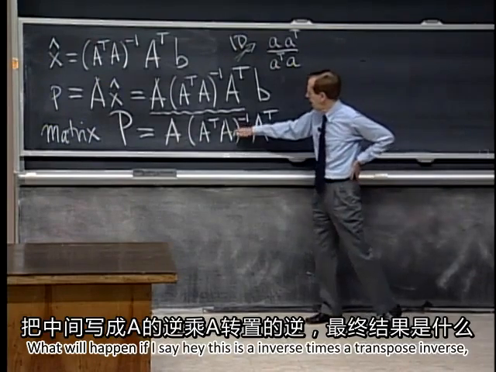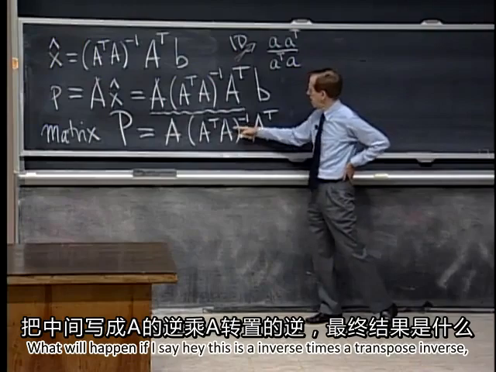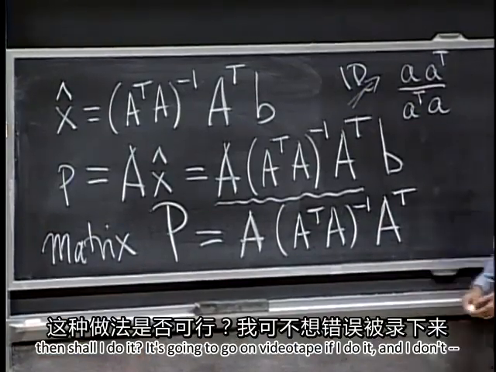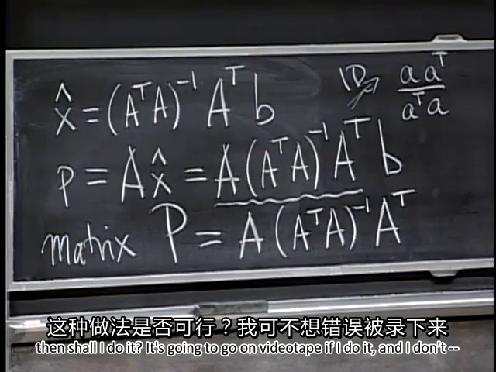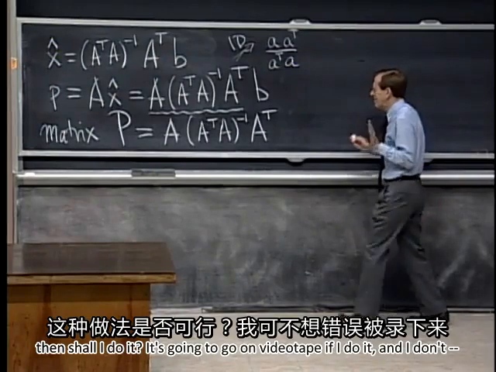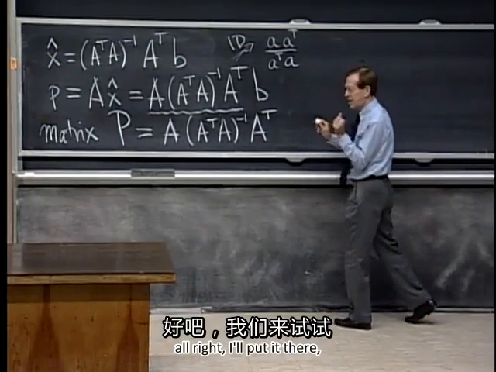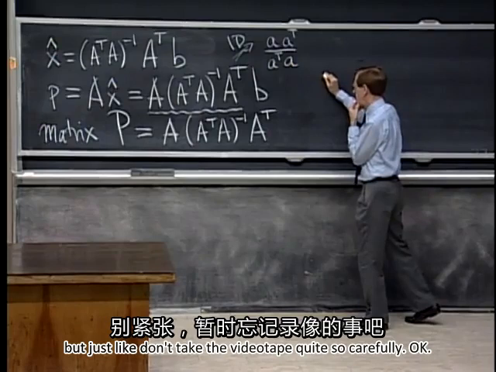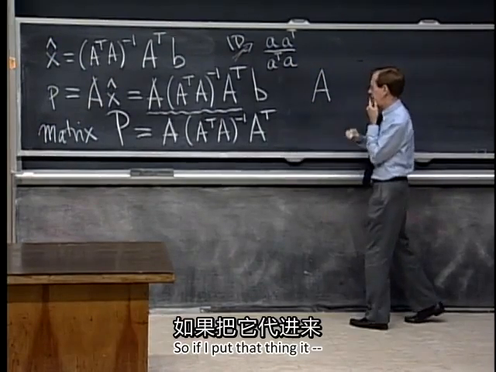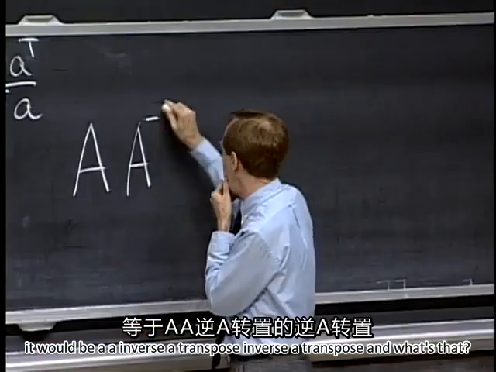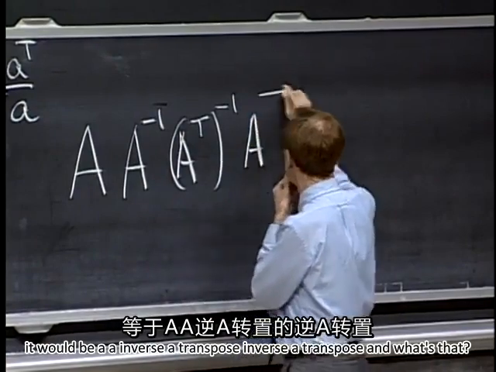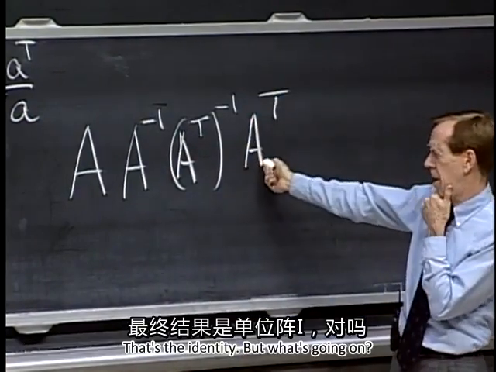What will happen if I say, hey, this is A inverse times A transpose inverse? Then, shall I do it? It's going to go on videotape if I do it. All right, I'll put it there. So if I put that thing, it would be A inverse, A transpose inverse, A transpose, and what's that?